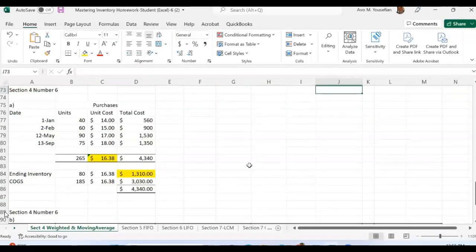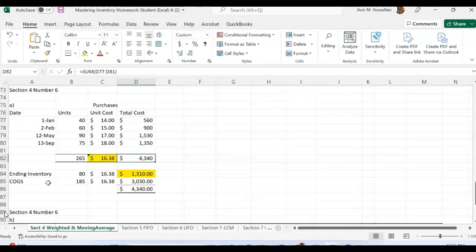Okay. Under periodic, you have the beginning January 1st balance of $14 each multiplied by 40 units, that's $560. And you purchase three more times, you multiply each time, and then you add them up.